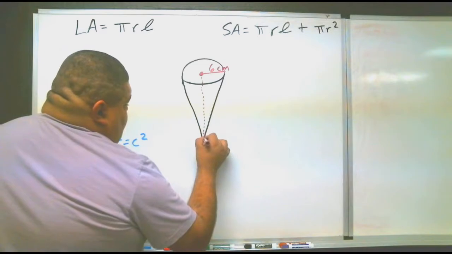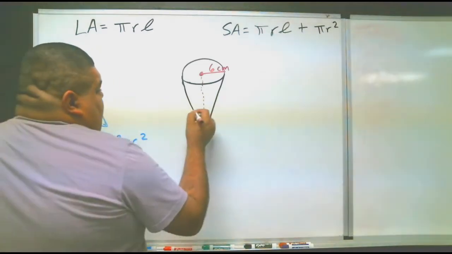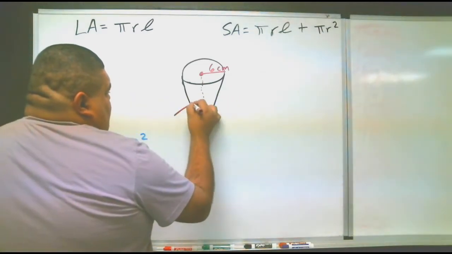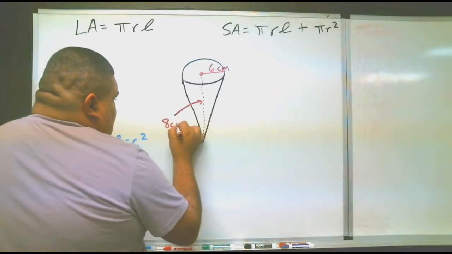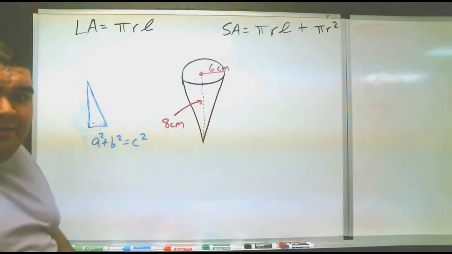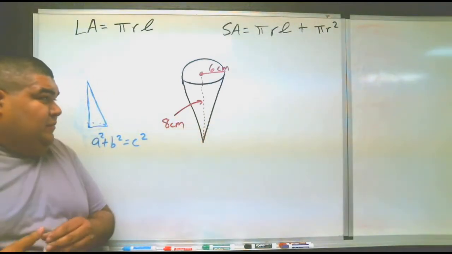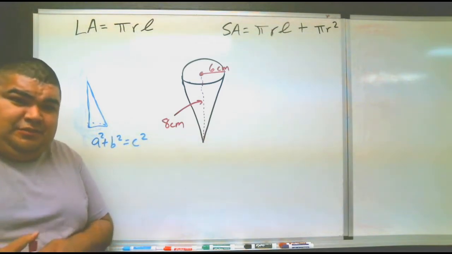We have an altitude of 8 centimeters. So we have an altitude of 8 centimeters and a radius of 6 centimeters.